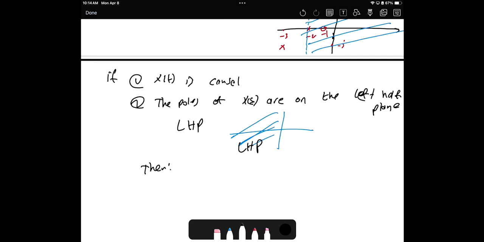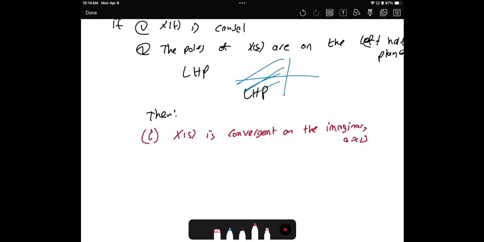The first result is that X of s is convergent on the imaginary axis, and the other thing is that the Fourier transform of x of t will equal the Laplace transform, but substituting s equal to j omega.